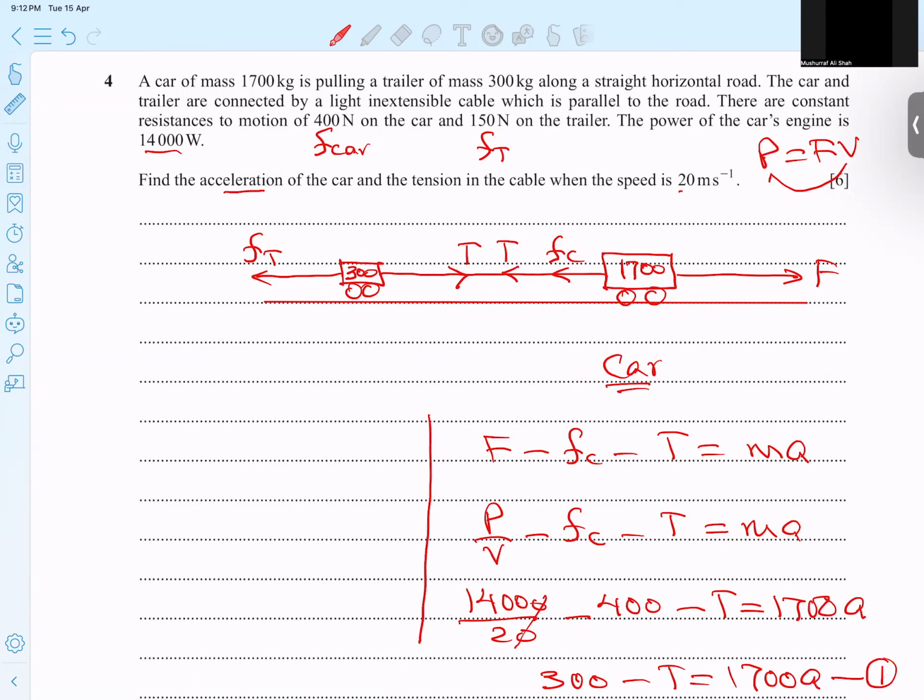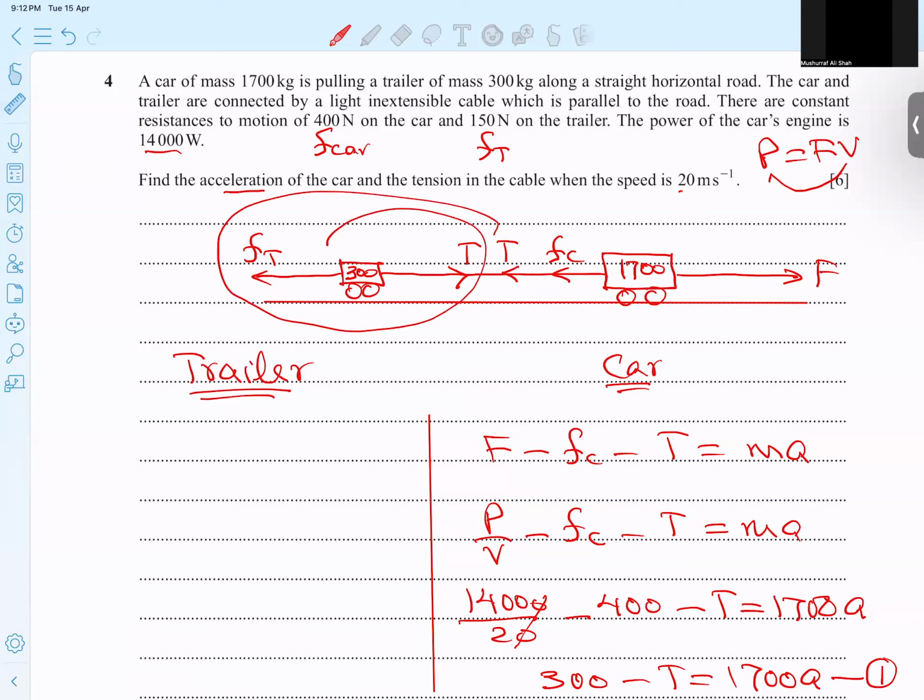So let's try the same thing on the second situation. All right, how many forces are acting on the trailer? 2 forces. Tension minus friction on trailer equals MA. This I don't know, and this friction is 150.